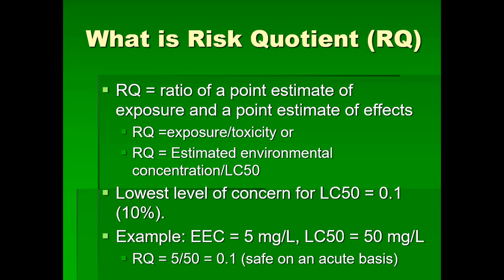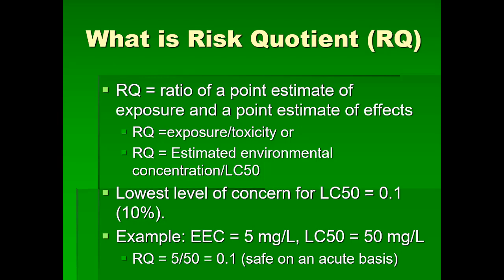And the equation includes the exposure, or the estimated environmental concentration, and, as we just saw, the toxicity, which is the effect level or endpoint from ecotoxicological testing. For example, the LC50 or the LD50, or ideally a no observed effect level.